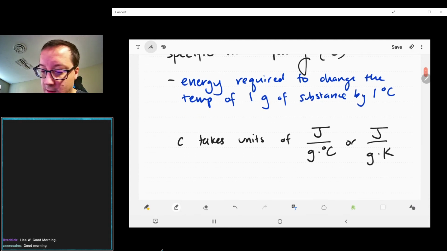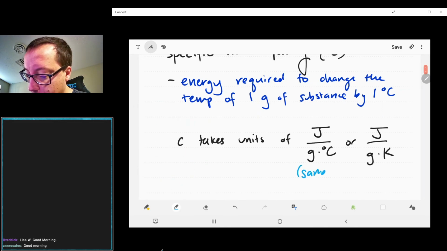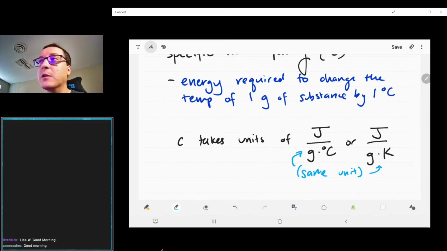Either way, we're going to see that both of these will be exactly the same unit, so we don't have to worry about that. Believe it or not, these two are the same unit for this particular factor here.